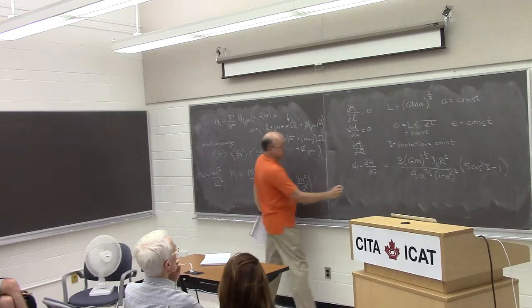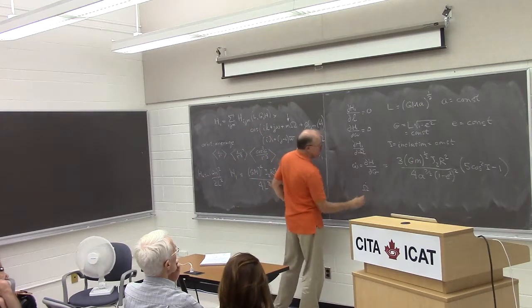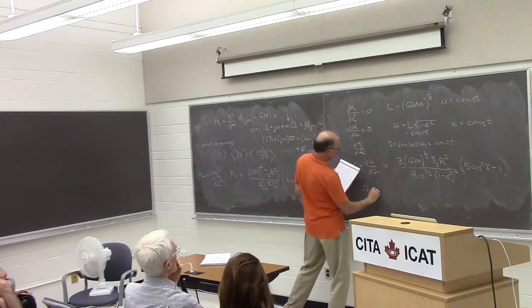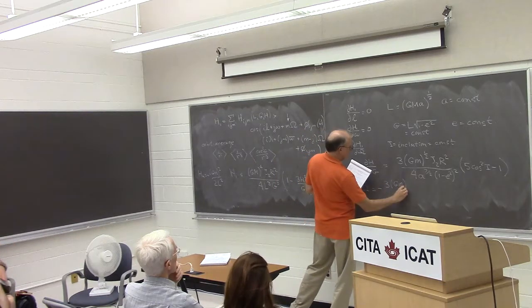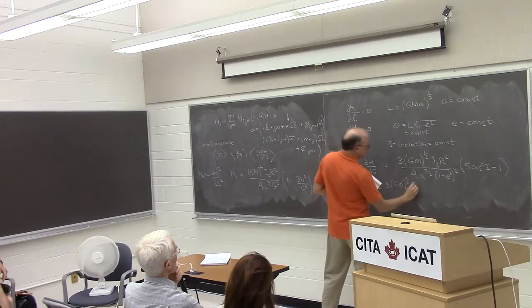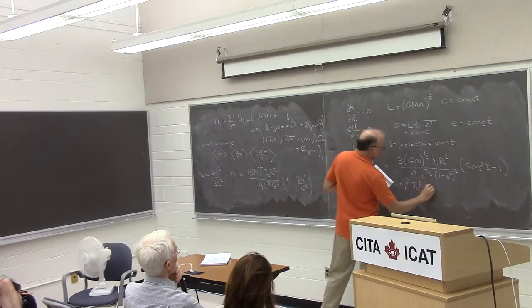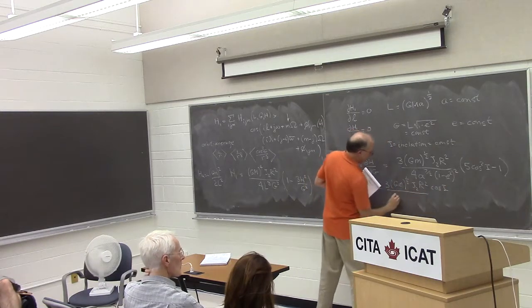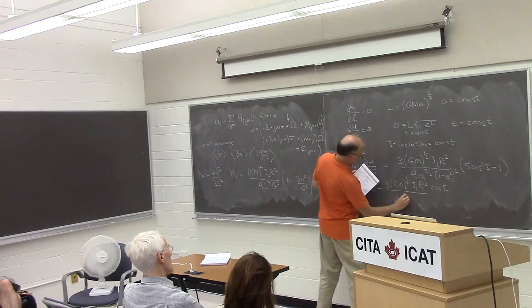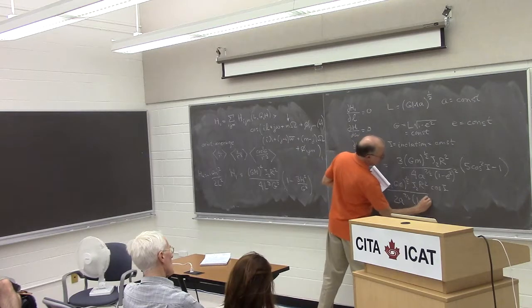And a similar expression for the rate of precession of the node is minus 3 Gm to the 1/2 J2 R squared cos of the inclination over 2 a to the 7/2 times 1 minus e squared.